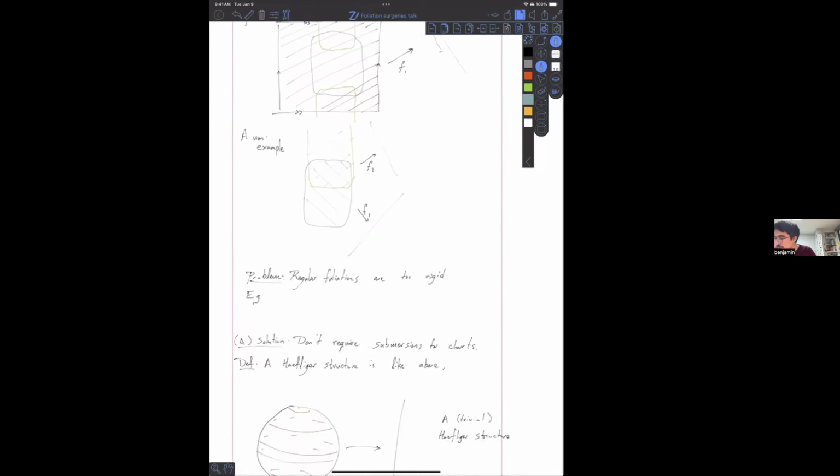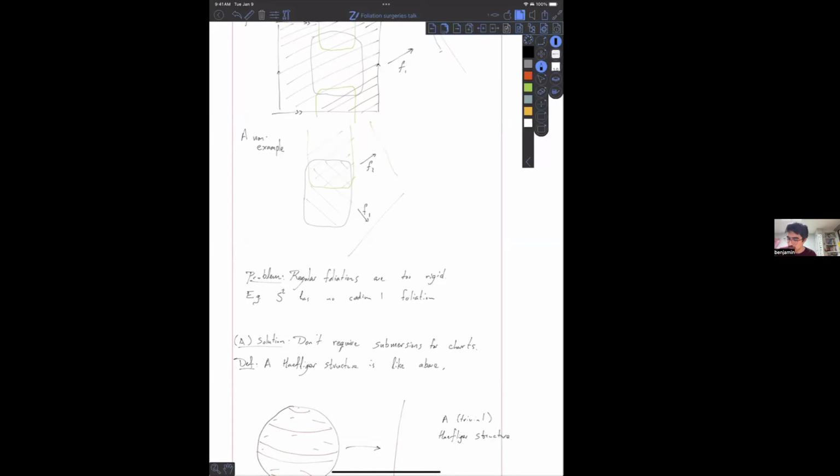So there's a problem for me that regular foliations are too rigid. So famously, S^2 has no codimension one foliation, right? Because if it did, this would be a regular codimension one foliation, which would be a vector field that's nowhere vanishing. And we know that doesn't exist.